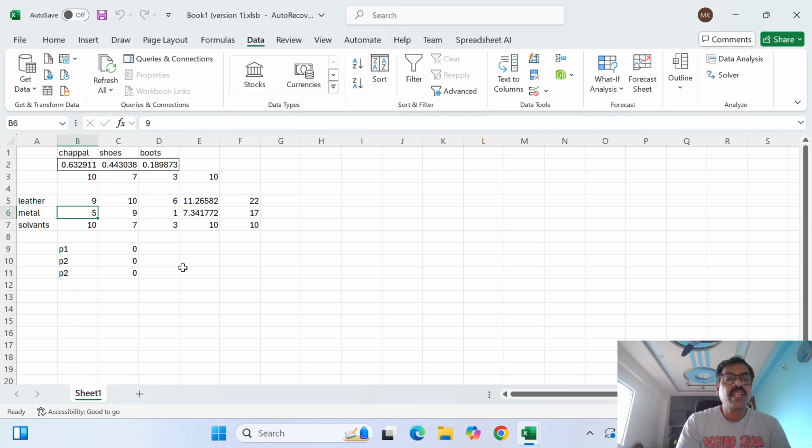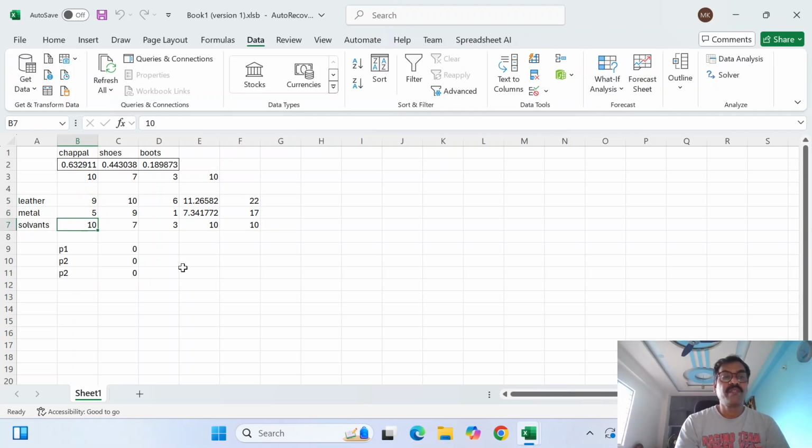See why it is happening: for shoes we are using more leather, and for boots we are using less leather, and for shoes we are using more metal. For boots we are using quite less metal compared to the chappal.